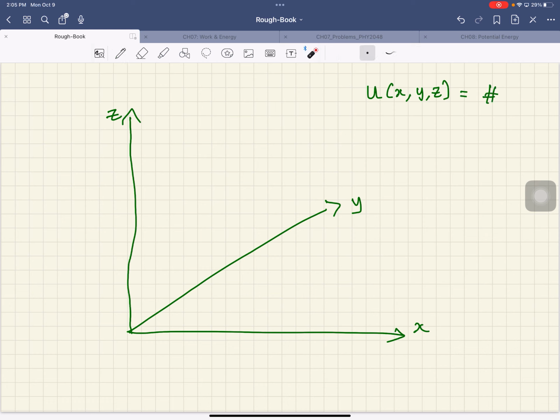I can give you x, y, z coordinates, and it'll spit out a number, right? That function will spit out a number. All right. So let's make up some numbers. For this point, u is 105. For this point, u is 110, and so on. Okay.